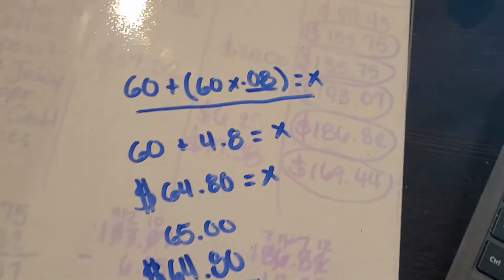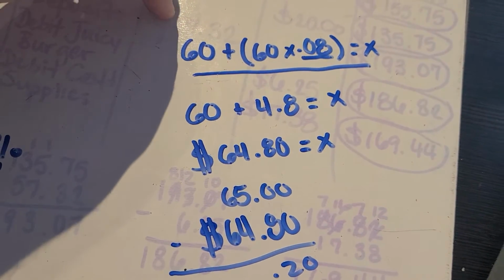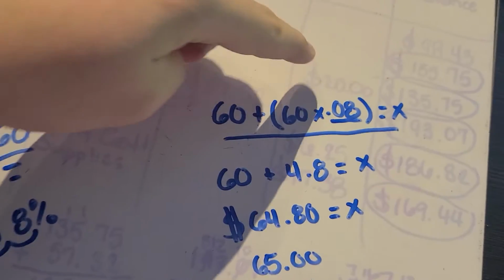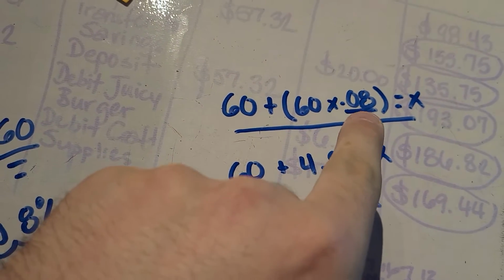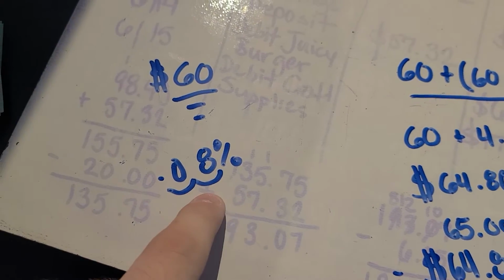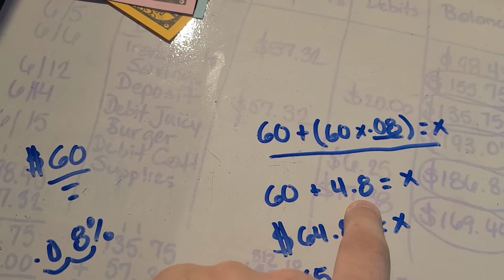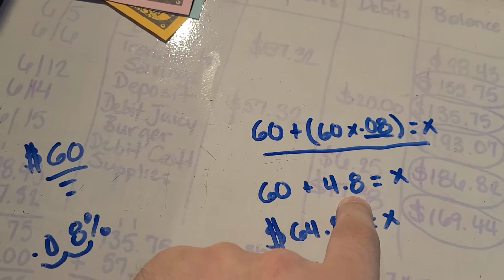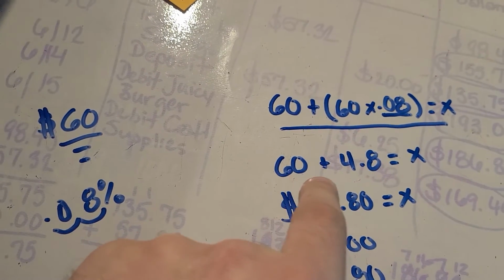And just so we can double check our handiwork here, $60 was the price of the game. In order to figure out the sales tax for said game, we had to multiply it by the decimal of the sales tax, which was 8%, and we converted it to 0.08. That way, we brought it down. 60 times 0.08 became 4.8 plus 60.